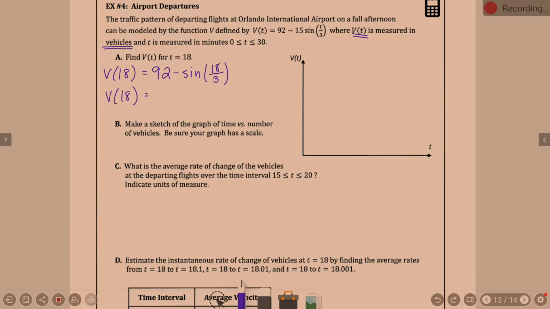So 92 minus, oh, I forgot something, didn't I? Did anyone catch that? I didn't forget it. It's right there the whole time. No? 92 minus 15 sine of x divided by 3.